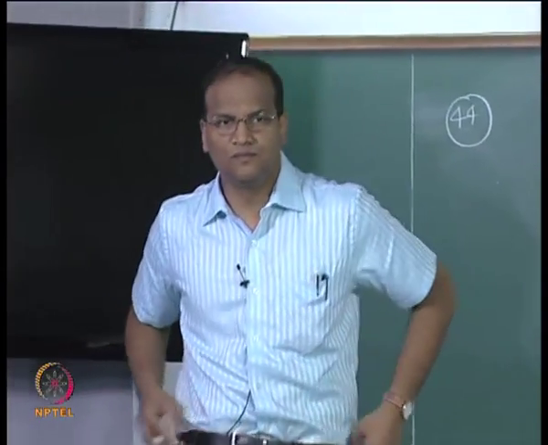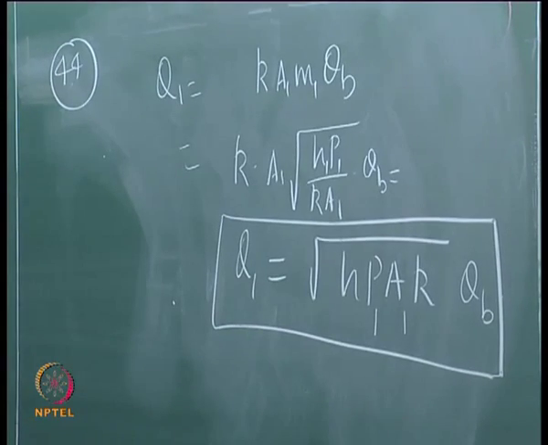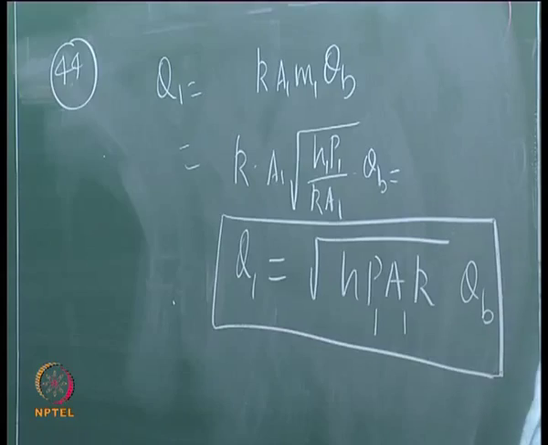Right. So there is a mnemonic here. Q is root of hPkA theta b, so you can remember it like that, right? Q is equal to root of hPkA theta b.